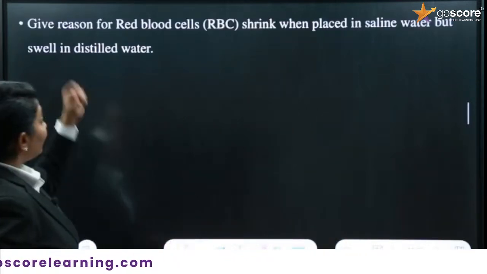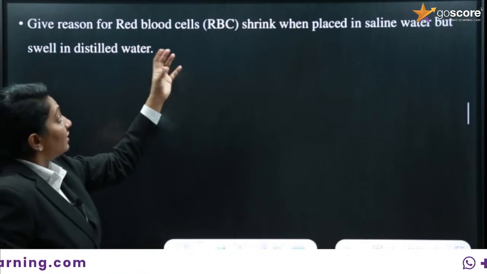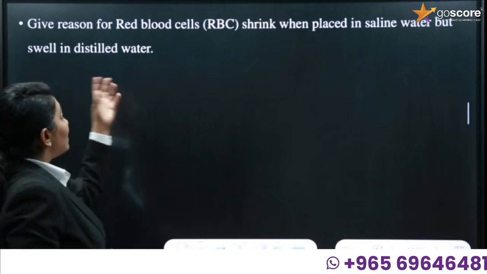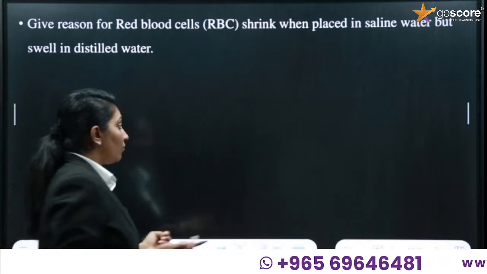That is, give the reason why red blood cells, that is RBC, shrink when placed in saline water but swell in distilled water. See how easy it is.